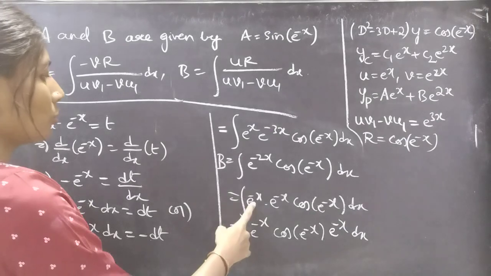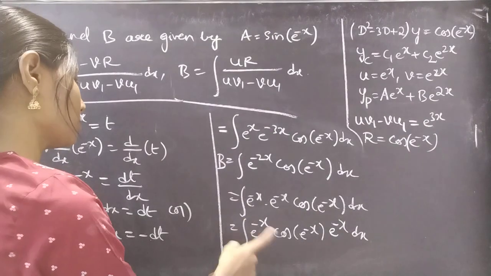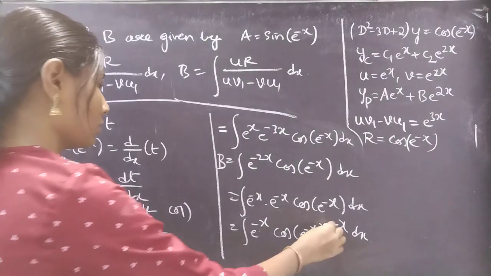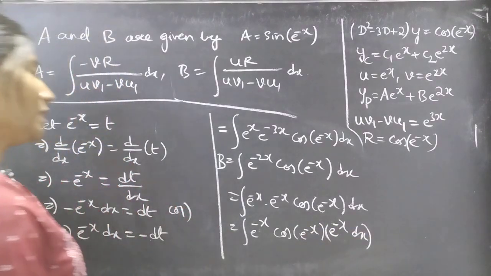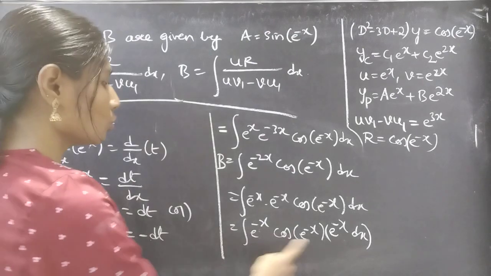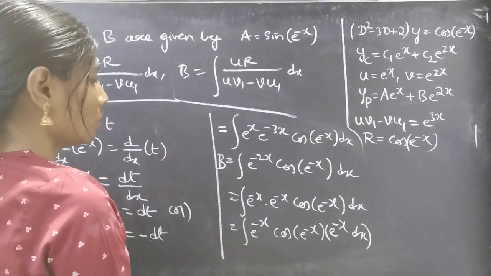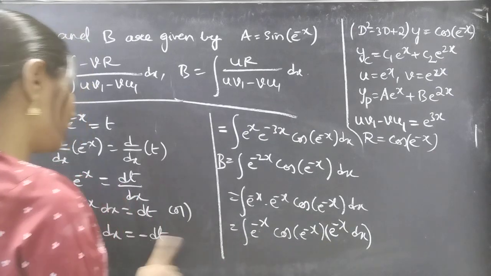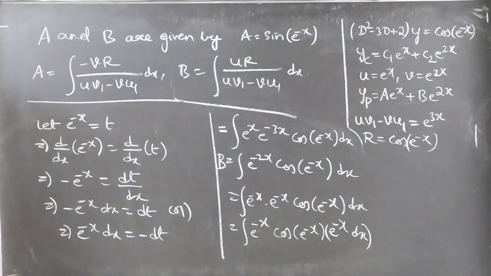I took one e power minus x with dx. So we have two e power minus x factors. One I'll write for t and one I'll take for dt.